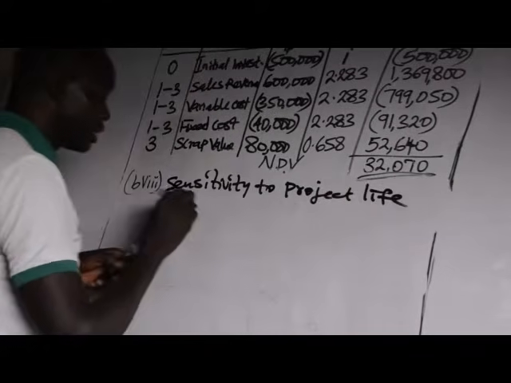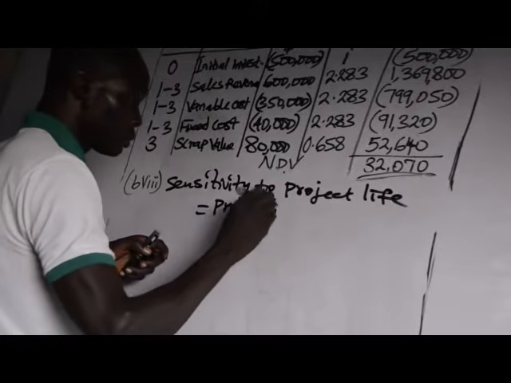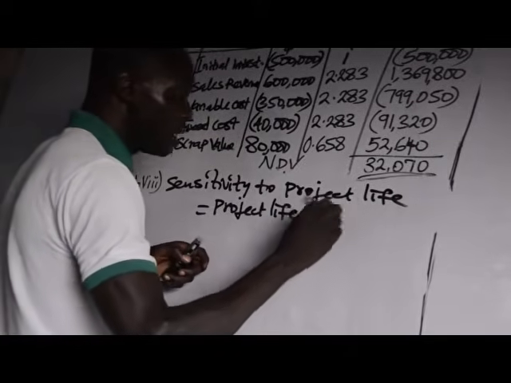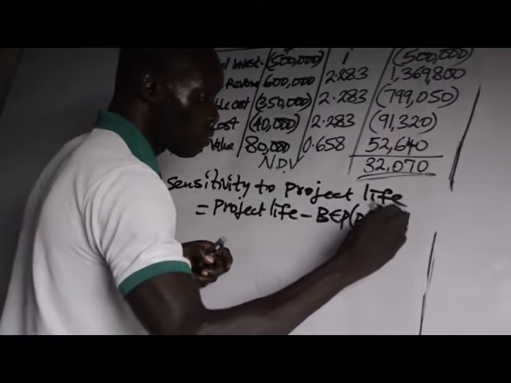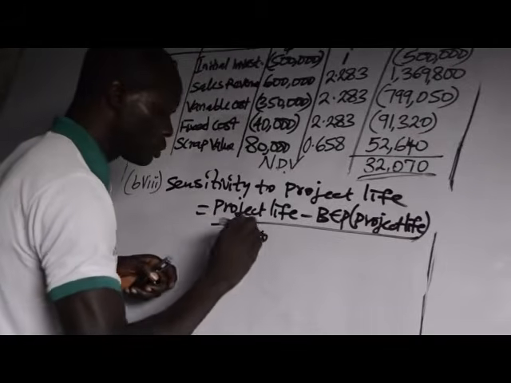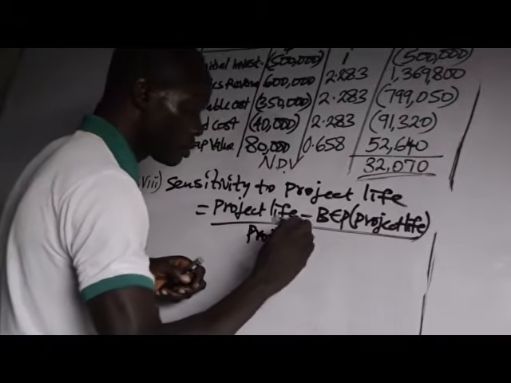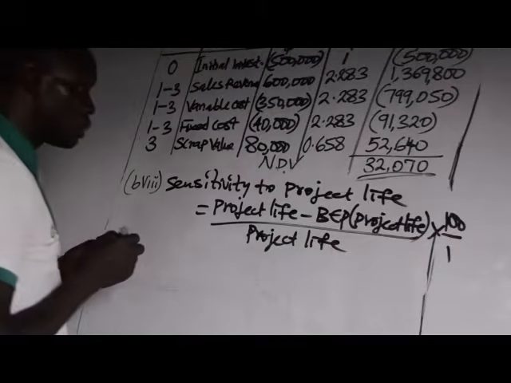I said that is the project life minus break-even point of project life, over project life, times 100. That is the sensitivity to project life.